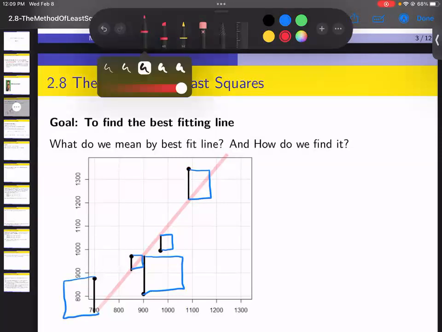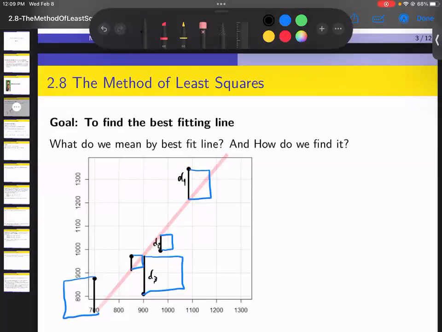I'm going to call these distances D, so D1, D2, D3, D4, and D5. By the way, these are squares. I know it doesn't look like a square, but just take it as a square.